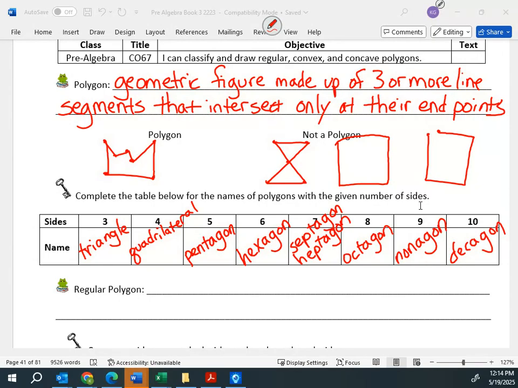Now, in our homework that we're going to be doing, the table only goes up to 10, but in the homework, there will be a 12-sided figure. So we need to know that. So I like to say, well, we don't want to just jump from 10 to 12. So an 11-sided figure is a decagon.